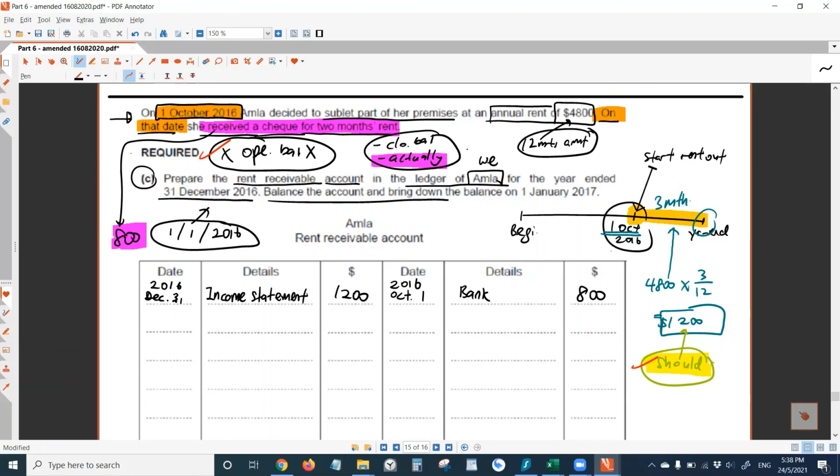Now do the balancing process. You can find the closing balance, the missing number. The missing number is the closing balance. Go on and do the balancing process. Debit side is greater, right? Total up, copy this total to the other side, do deduction, write it in between, move it down diagonally.